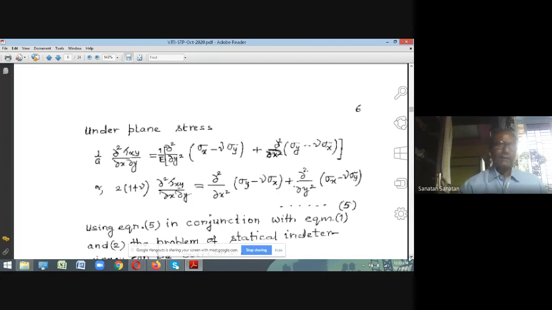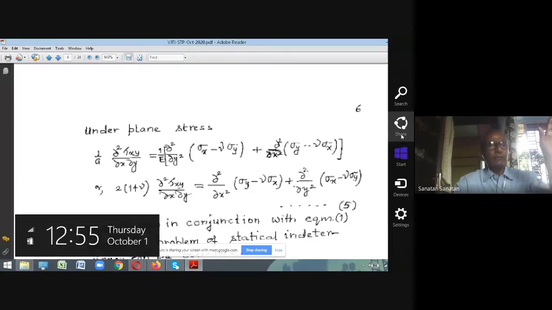So therefore, you see that we have three stresses to determine: sigma x, sigma y, and tau xy. Whether it is plane stress or plane strain, we have three unknown stress components: sigma x, sigma y, and tau xy. And finally, you see, we have three conditions. We have first an equilibrium equation involving sigma x and tau xy.